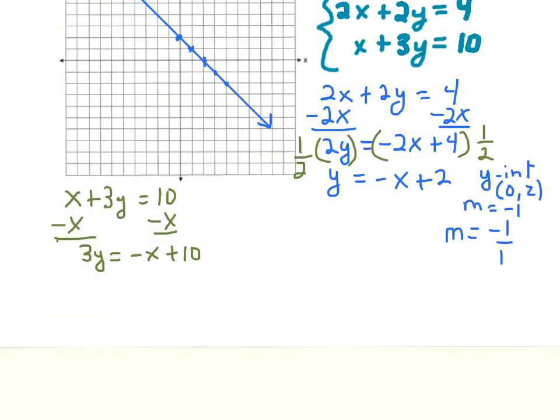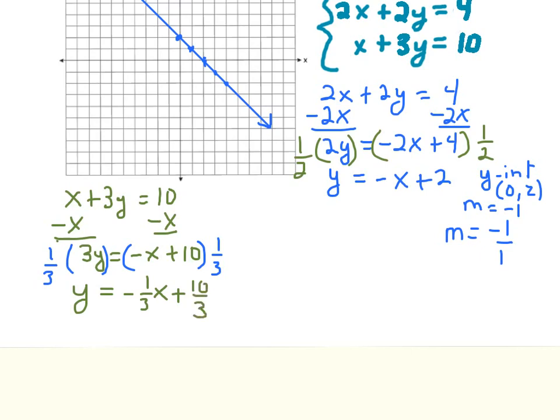Then I'm going to multiply both sides by 1/3 to get the y by itself, and I'll have y equals negative 1/3 x plus 10/3.